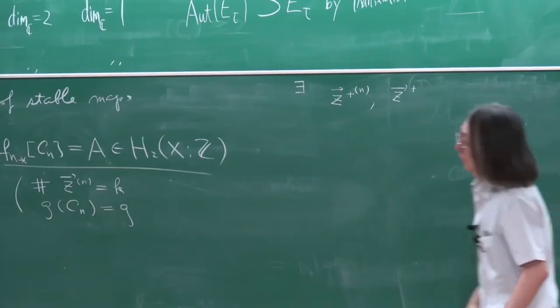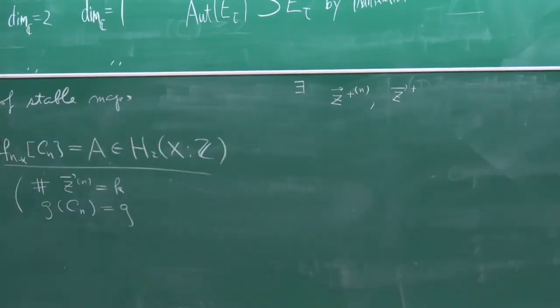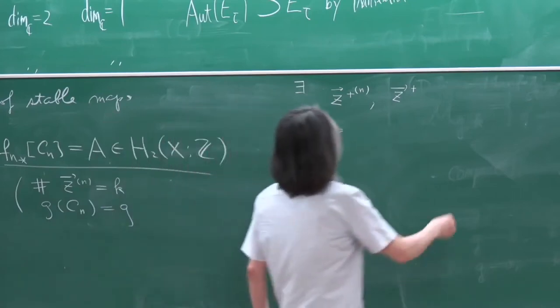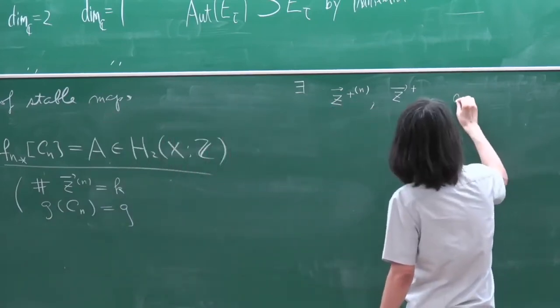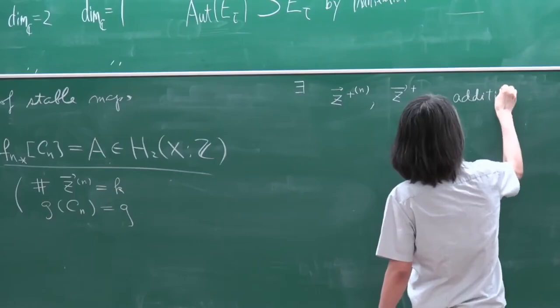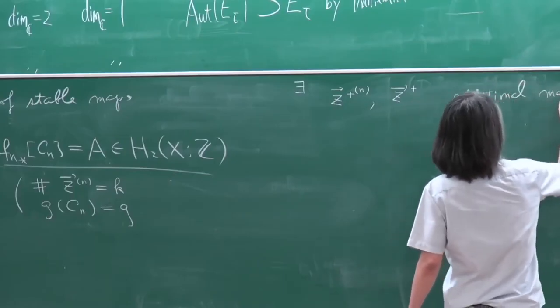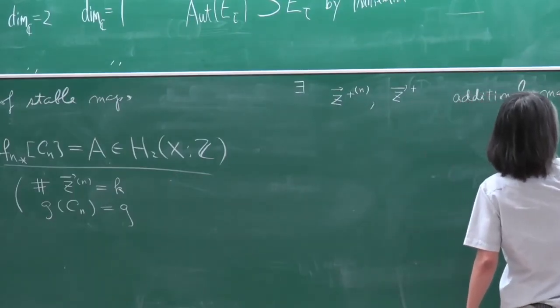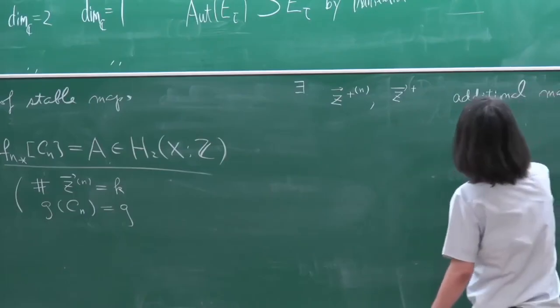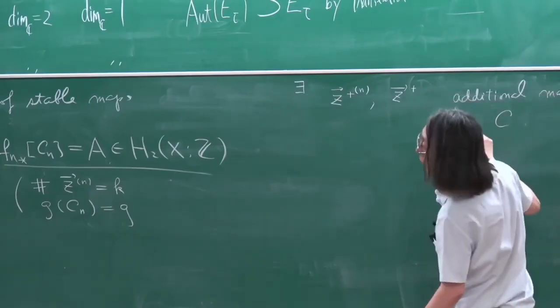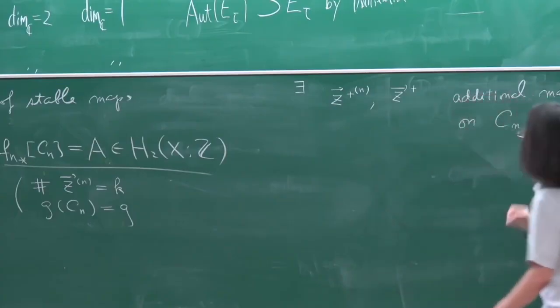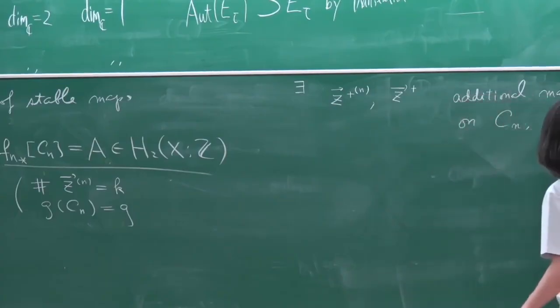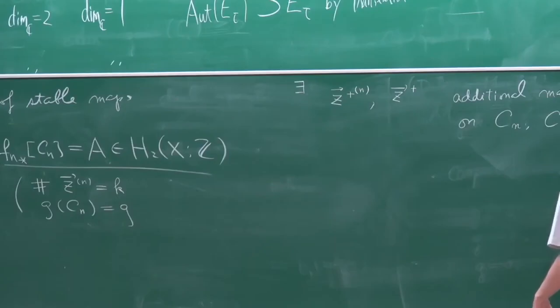They are the mark points on Cn and C. So they are additional mark points on Cn or C away from Zn and Z, and possibly nodal points.